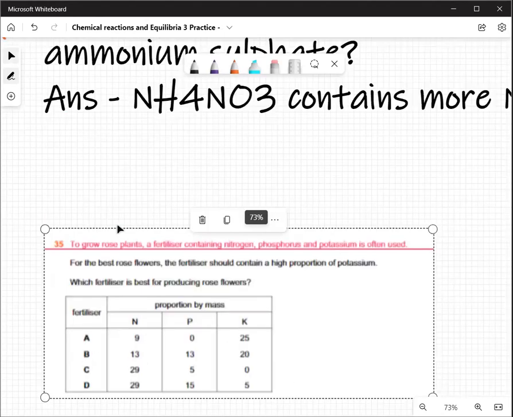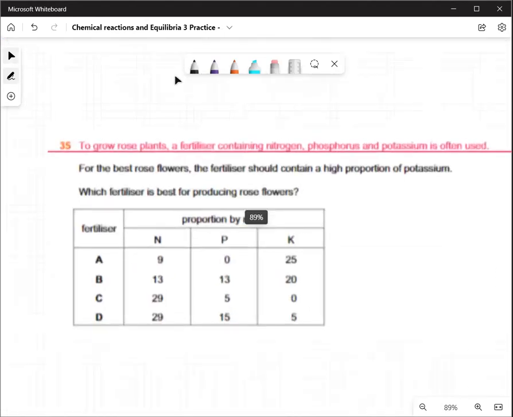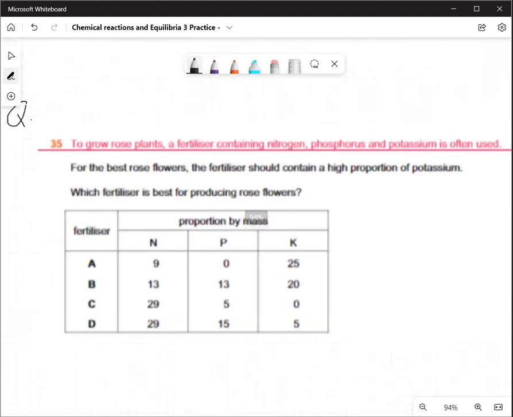Now let's focus on the question here. Read the question. For the best rose flower, the fertilizer should contain a high proportion of potassium. This fertilizer is best for producing rose flowers.